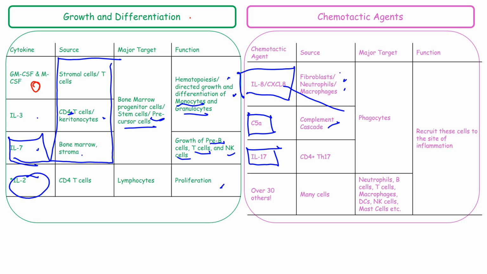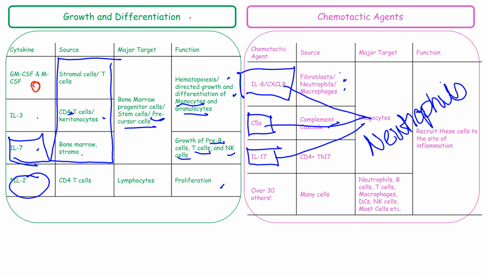All three of these promote the chemotaxis of phagocytes, namely your neutrophils, to the area of inflammation so that we get there and clean up the mess. There are over 30 others with a lot of confusing names. You really don't need to worry about them. They're created by a lot of cells, and they all work in concert to recruit all of the cells of the immune response to the site of inflammation.